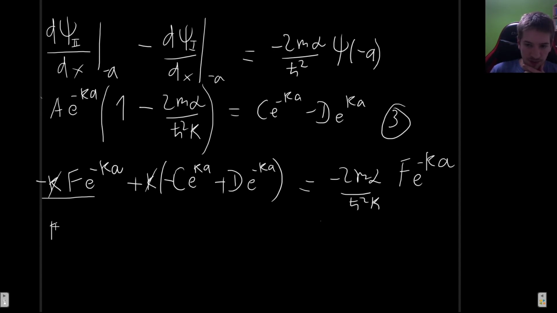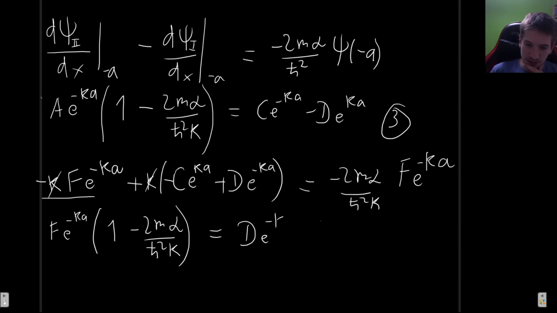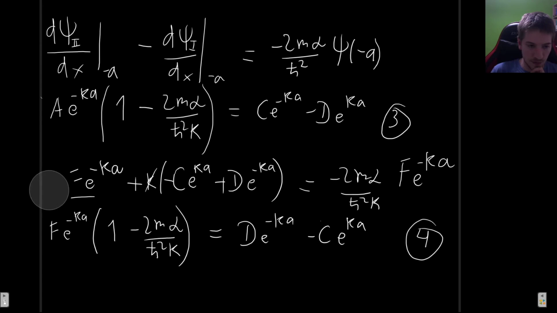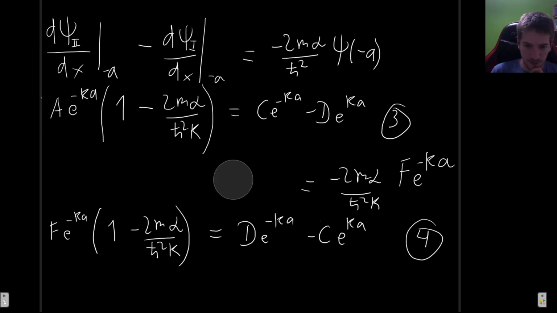So we get f e to the minus ka times a factor of 1 minus 2m alpha divided by h bar squared k. This will have to be equal to d e to the minus ka minus c e to the ka. Okay, so this is going to be our fourth equation, our fourth condition. So as before, let me just erase this.